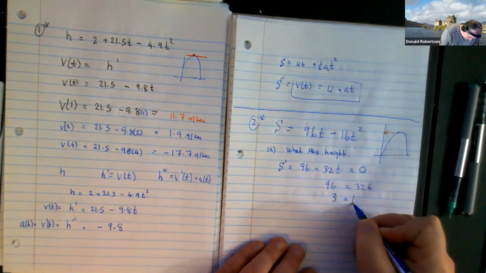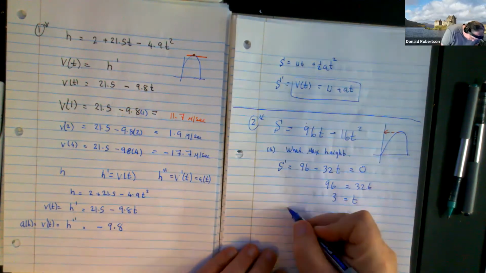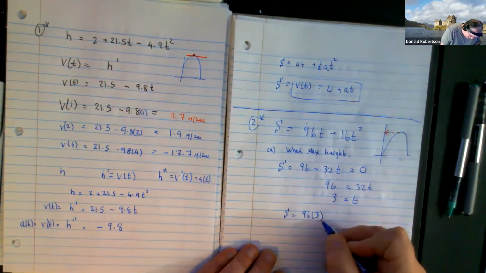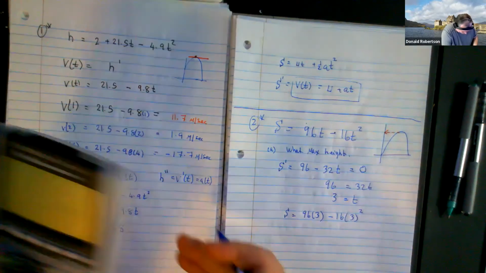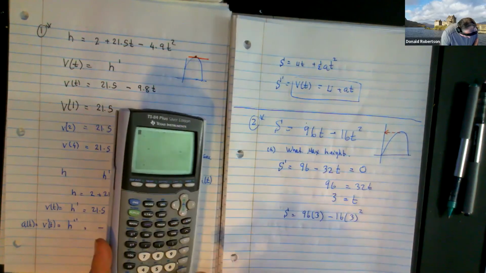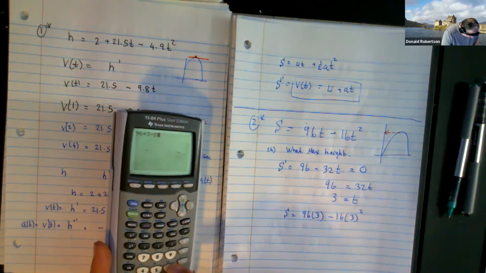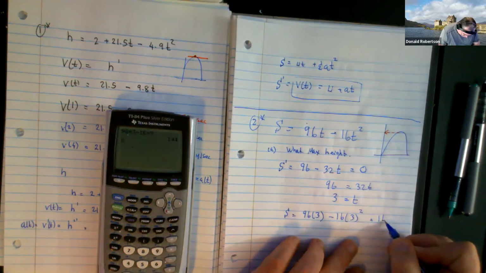Great. Now, if I solve for t, in this case, it's probably easier just to do that. Are you happy that t is 3 seconds? And what's the height at 3 seconds? Well, it's 96 times time, take away 16 times time squared. So it's 96 times 3, take away 16 times 3 squared, which is 9. And the answer is 144.